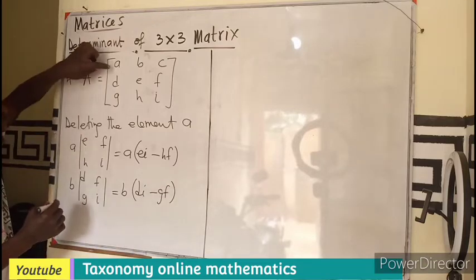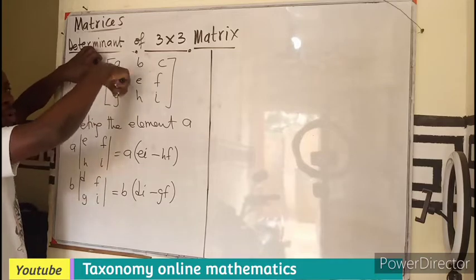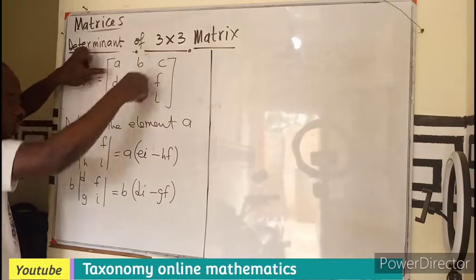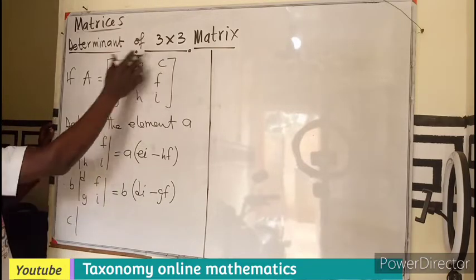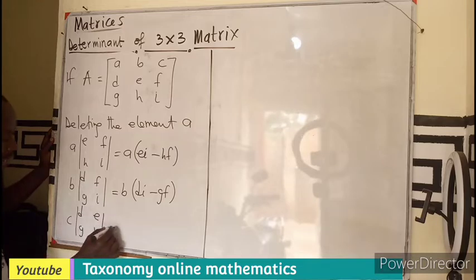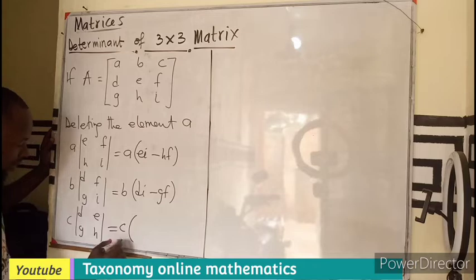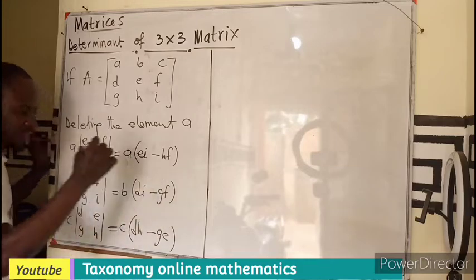Let's go along with the columns 1, 2, so let's take the C also. If you take the C out, we will be left with D, E, G, H. Then you are going to have C multiplying the leading diagonal, DH, minus the other diagonal, E, this.